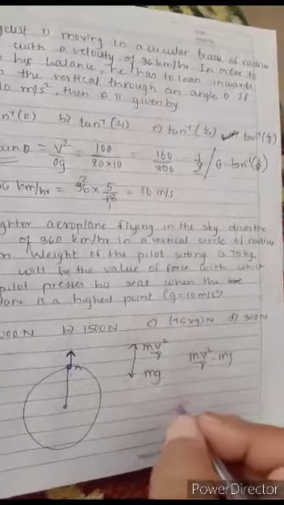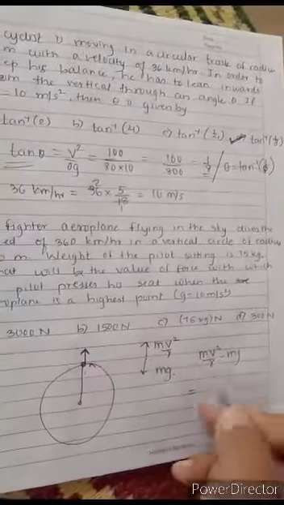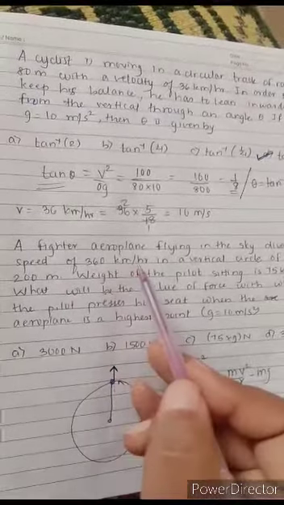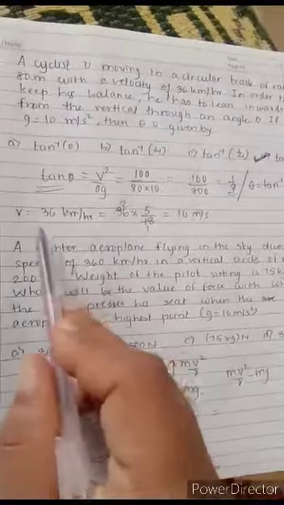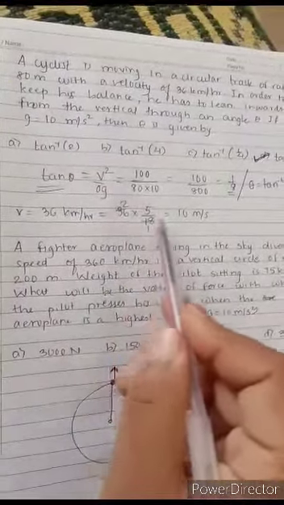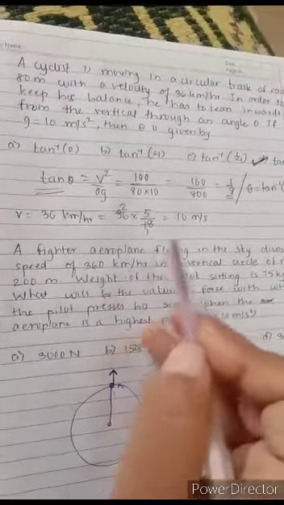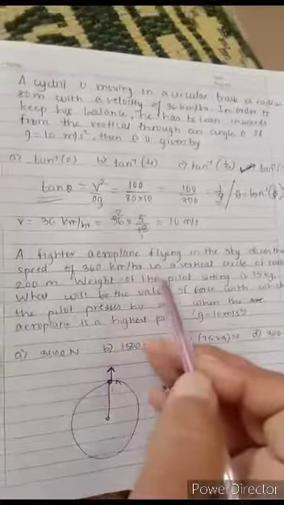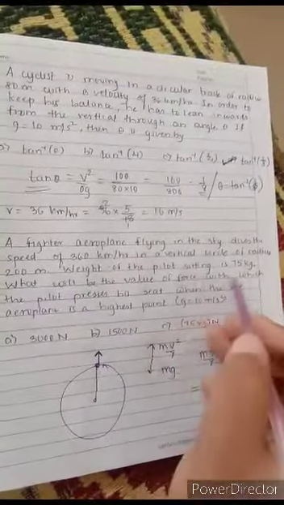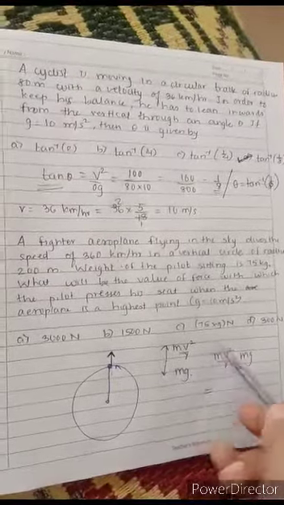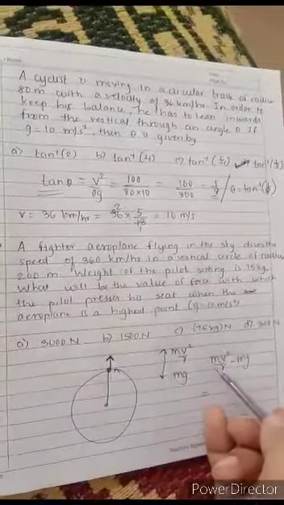Now just substitute the values and calculate the answer. You have all the values. Speed is given 360 km per hour. Again, for kilometer per hour we have to use this conversion, multiply by 5 by 18 and check out the answer. It will come to be 100 meter per second. Okay, again pilot's mass has been given, so m is there, v is there, radius r is there, 200 meters.